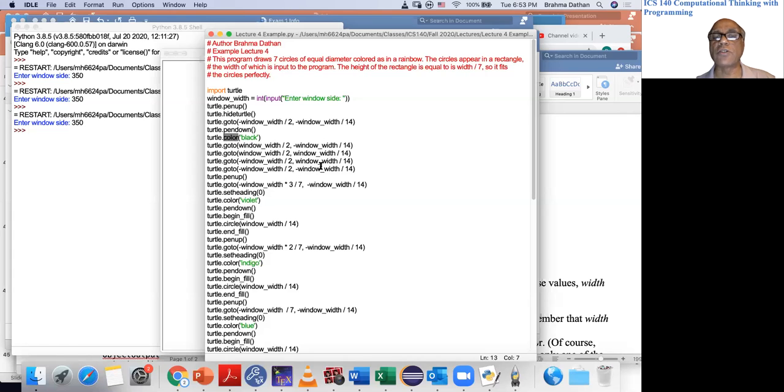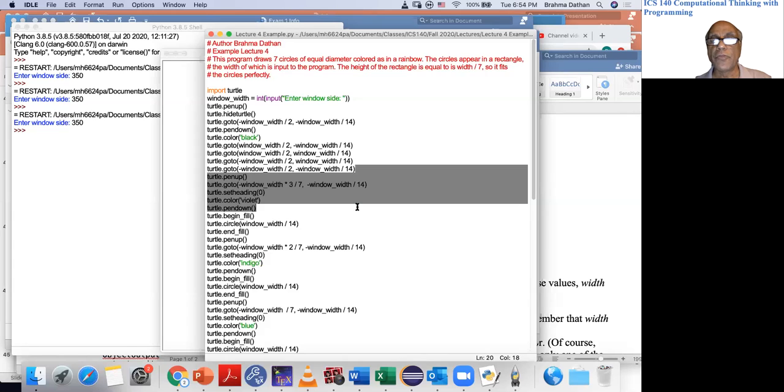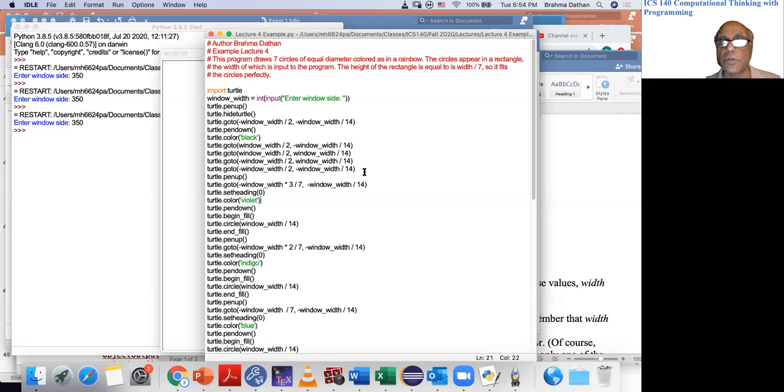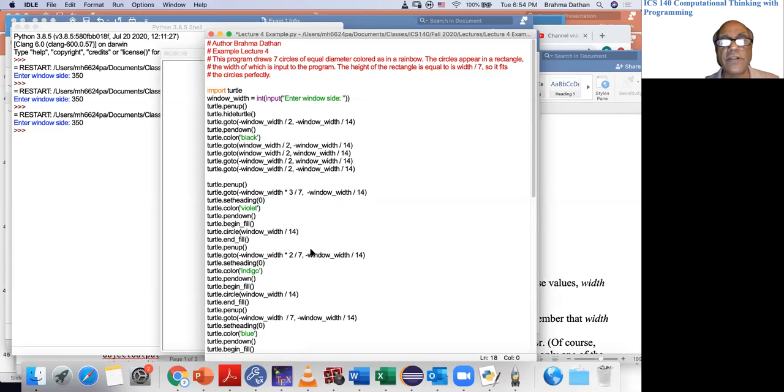That gets the big box drawn. Then lift the pen up, and here is the code for drawing the first circle. So it starts here and ends here.